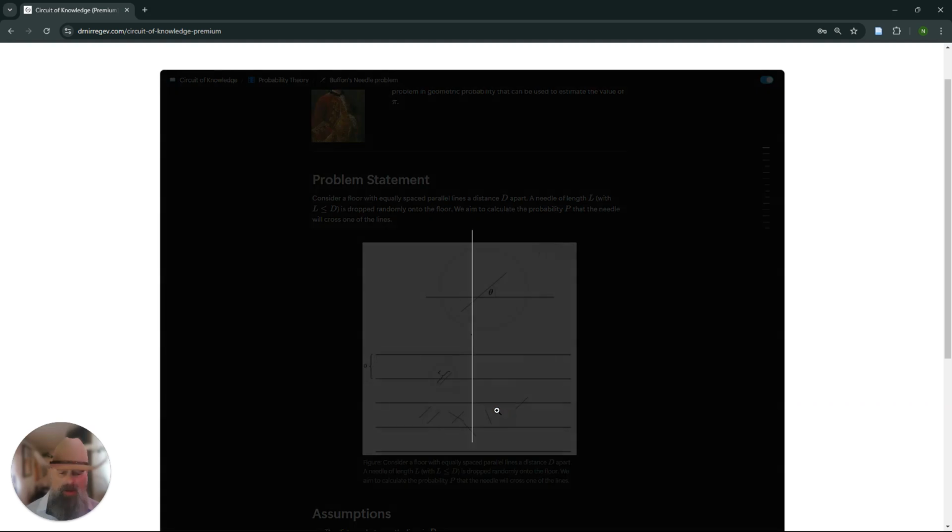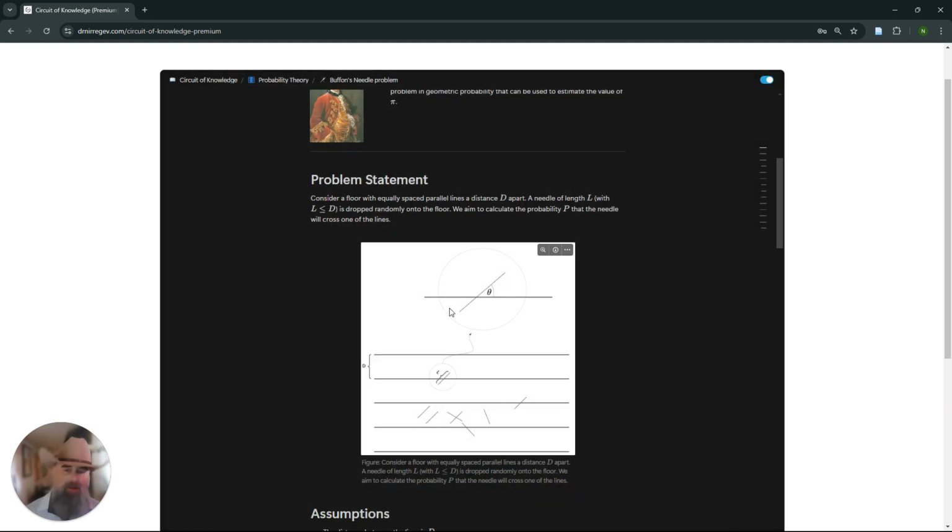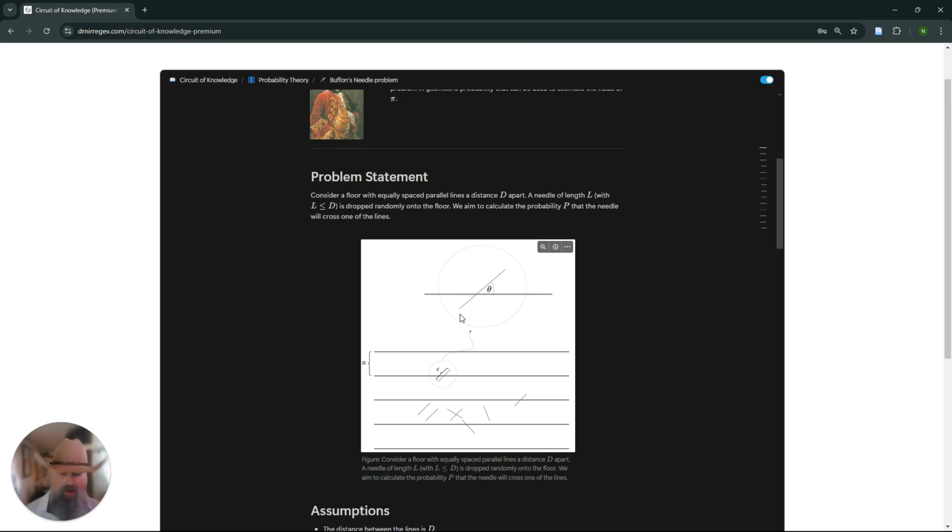Now, apparently, we can mathematically derive the probability of a needle crossing the line, and this probability is related to the number pi. And if we actually estimate this probability, then we can leverage that to calculate an estimate for the number pi. Okay, how do we do that?